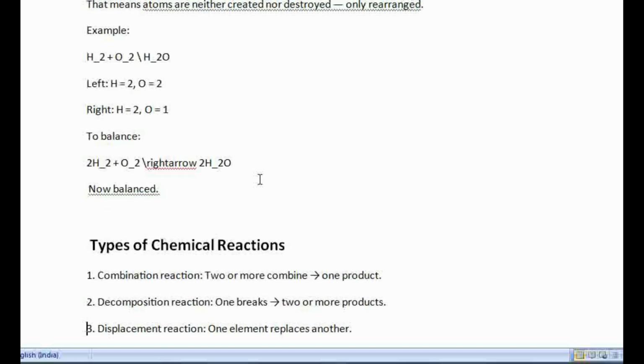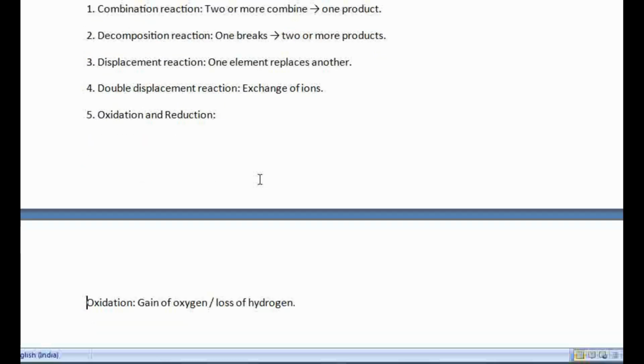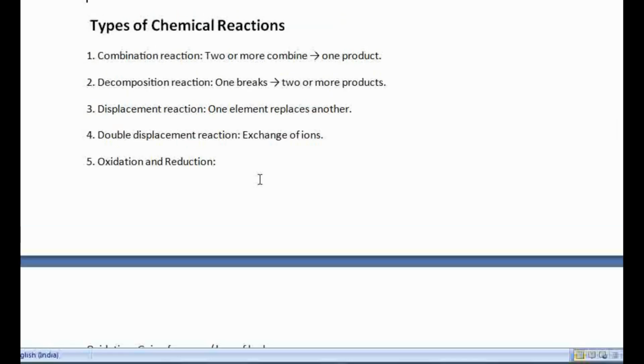Let us discuss another concept, types of chemical reactions. This is very important. What are they? How many are there? Let us see. The first one is combination reaction. Two or more combine and give one product. For example, 2H2 plus O2 gives 2H2O.